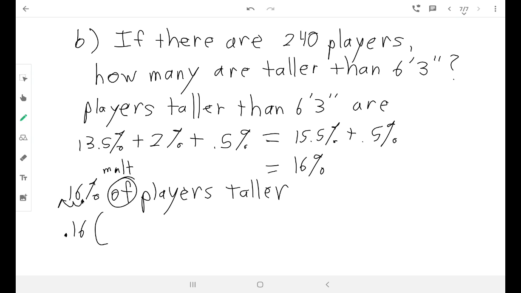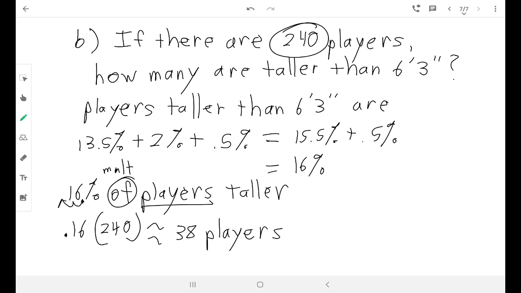So 0.16 times the number of players, and the number of players we were told is 240. So we just got to figure out that multiplication, and you can do that on a calculator. And when you do that, you come out with approximately 38 players.